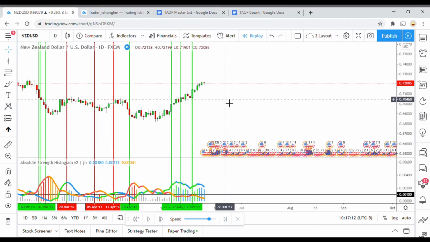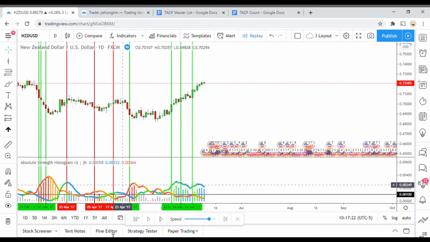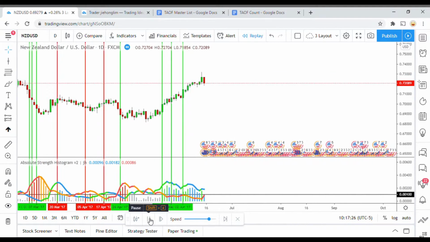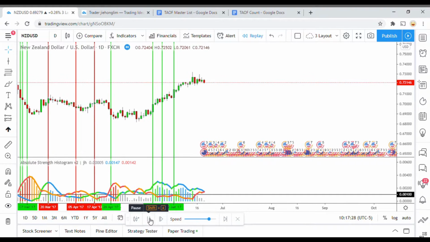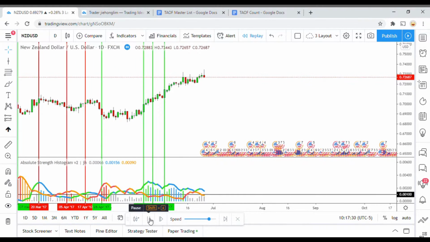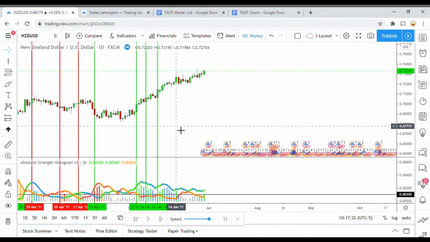Once again, our histogram had spiked above the line where we had set it. We're not taking trades based on this yet, just keeping an eye on it to see what happens. We picked up a signal right there.